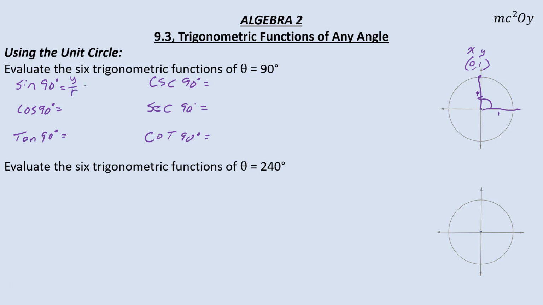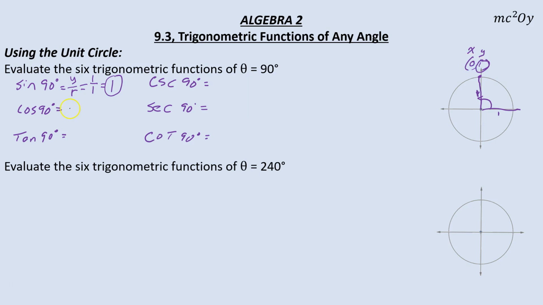Let me slow down there. My radius is 1 in the unit circle, so that is 1 over 1, which is just 1. You could also just say, well, I know sine is y, so it's 1.